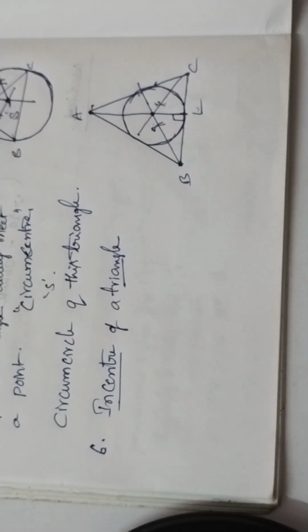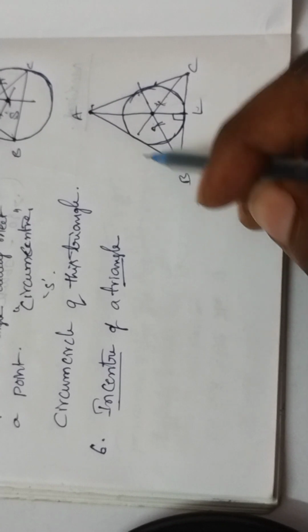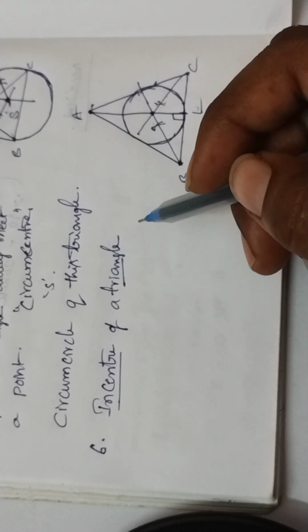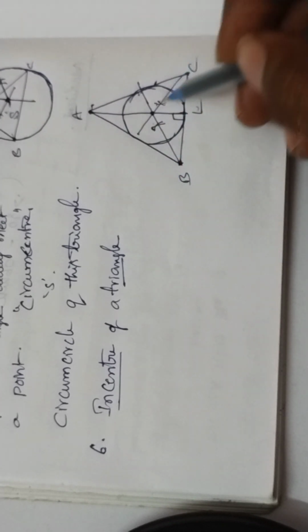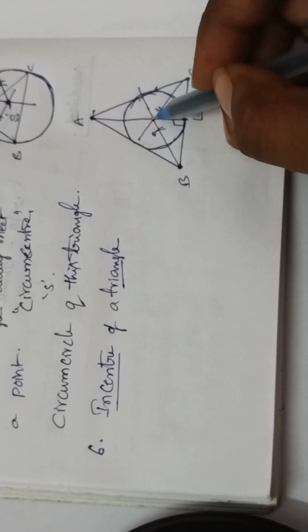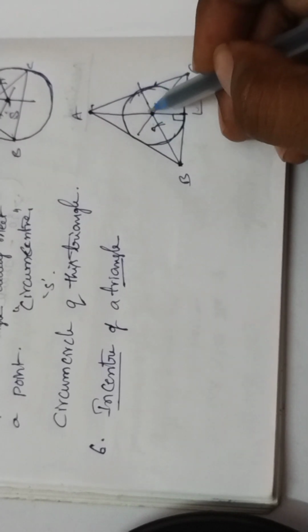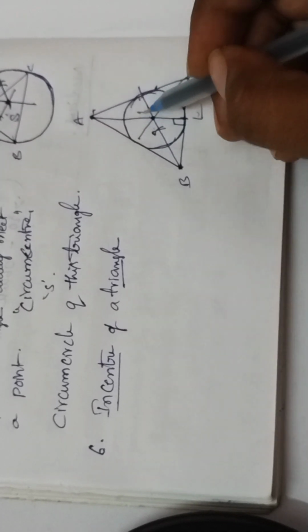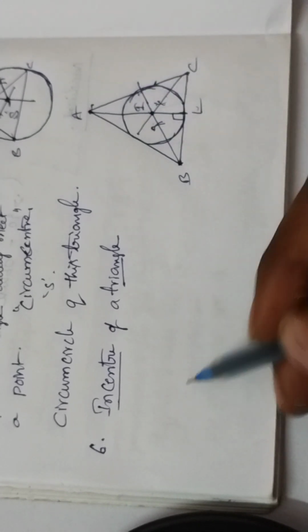This internal angular bisector of a triangle always meets at a point. This point we call the incenter. We indicate this by the letter I.